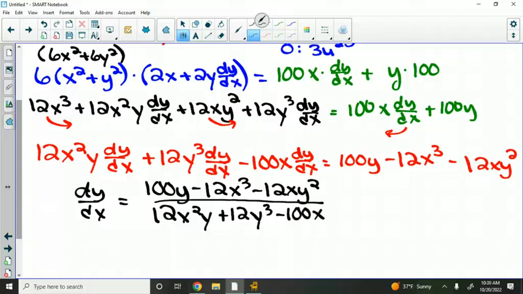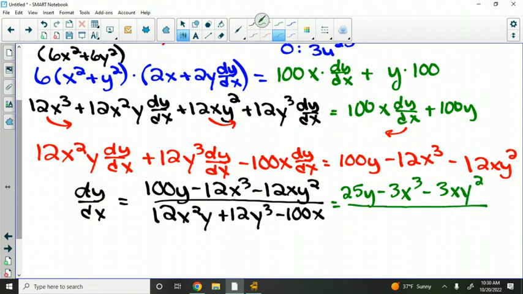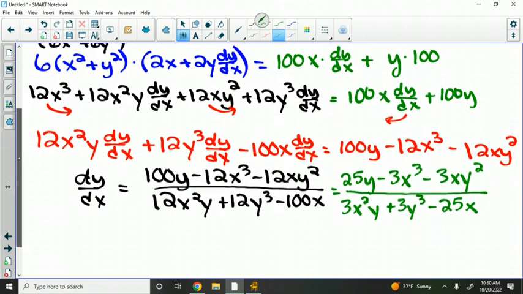And if we factor out a 4 from the top and the bottom, those 4's cancel each other out. So we can make this 25y minus 3x cubed minus 3xy squared over 3x squared y plus 3y cubed minus 25x. And this will make it nicer to plug numbers into.